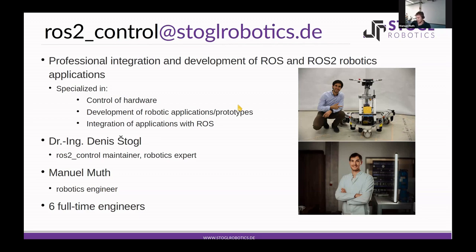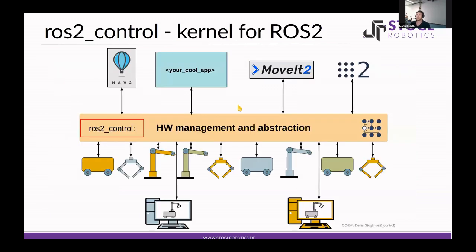So before I dive into what we did, I want to give a little bit of background for people to better understand what is actually done and how to use it later. So I first want to introduce ROS2 control a little bit.